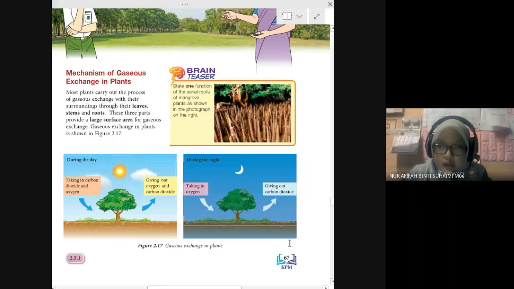The respiration process occurs 24 hours, 24/7, either during the day or during the night. But remember, photosynthesis occurs during the day. For respiration, 24/7. So jangan confuse.